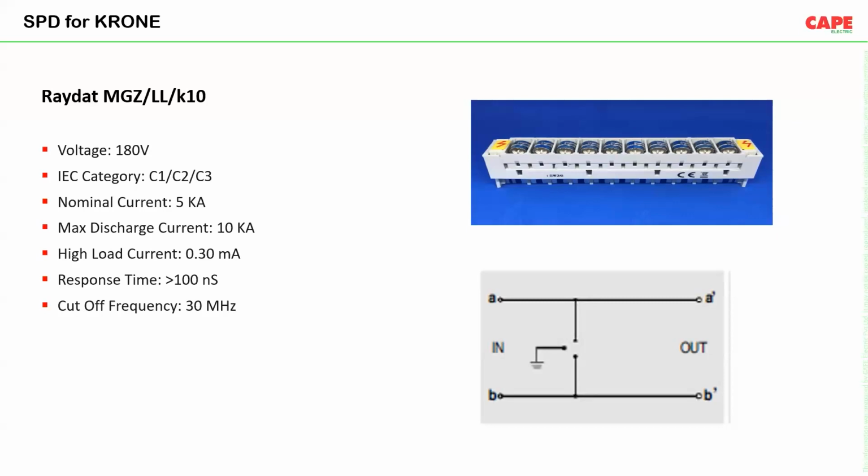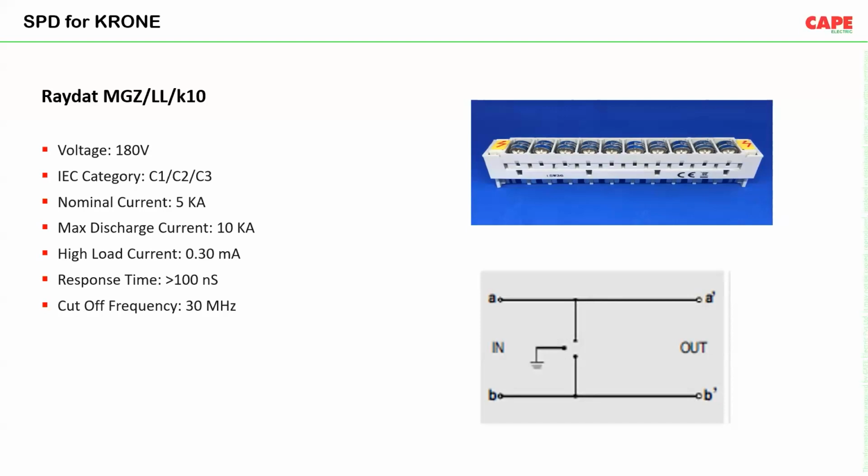It has a nominal current of 5 kiloampere. It is rated under IEC category C1, C2, and C3. The maximum discharge handling capacity is 10 kiloampere. Load current in the case of telephones is very little, around 0.3 milliampere. This has to be noted: this 0.3 milliampere is per GDT.